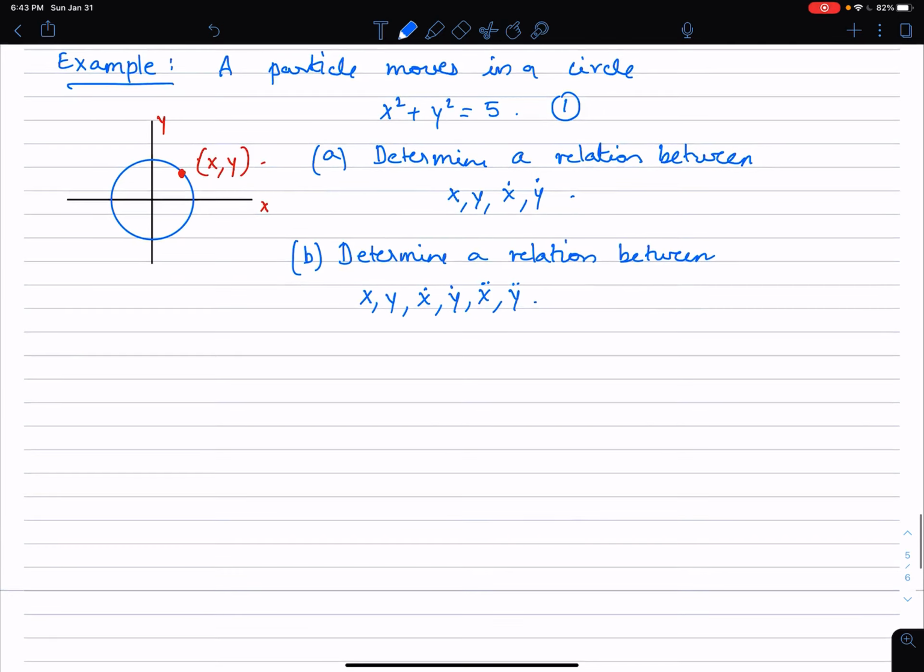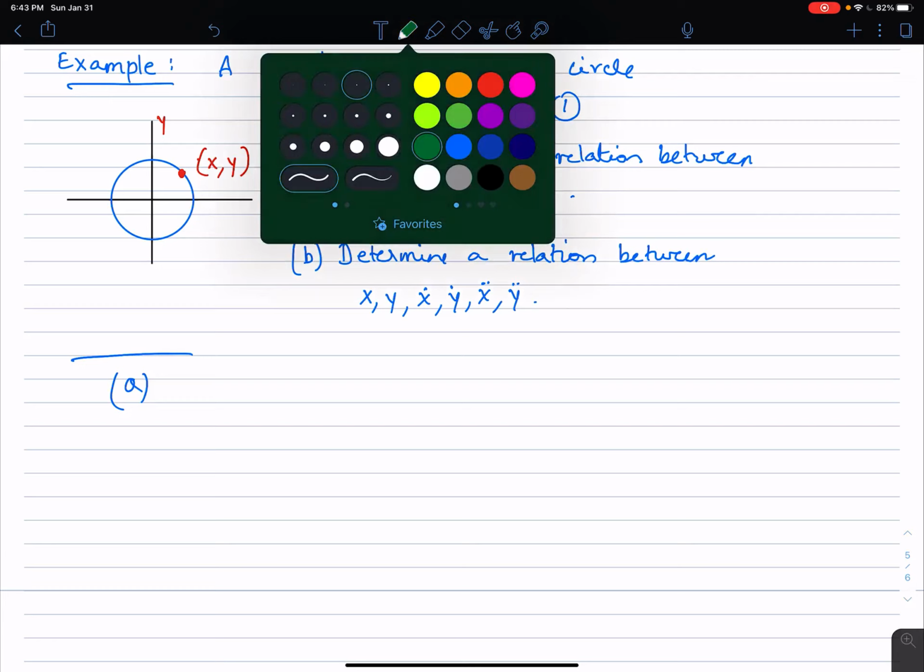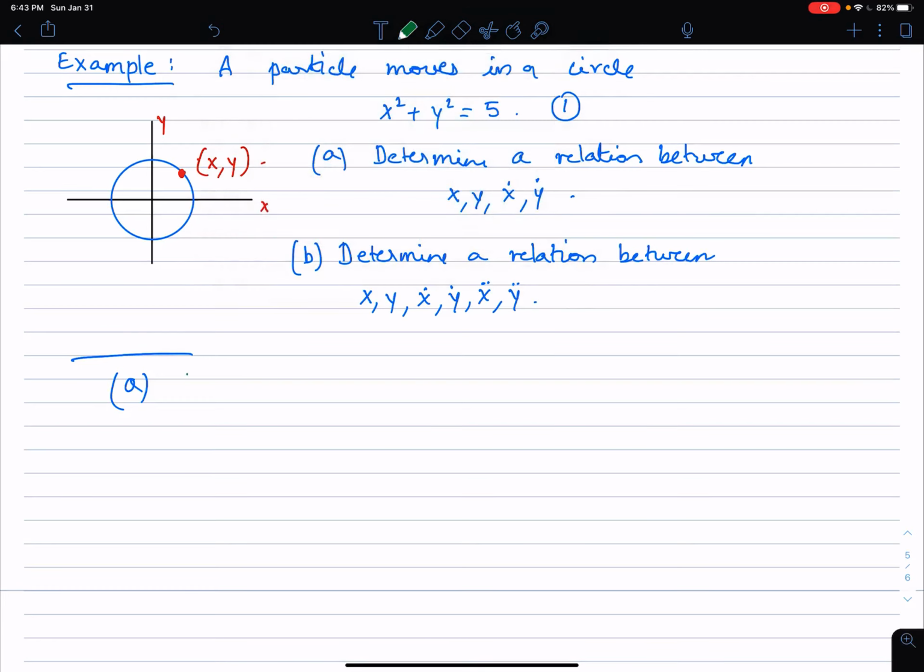So how do we do this? Part A, we want to determine essentially a relationship between the positions and the velocities. To get velocities from these positions, what's the next step? Of course, the next step is to differentiate.